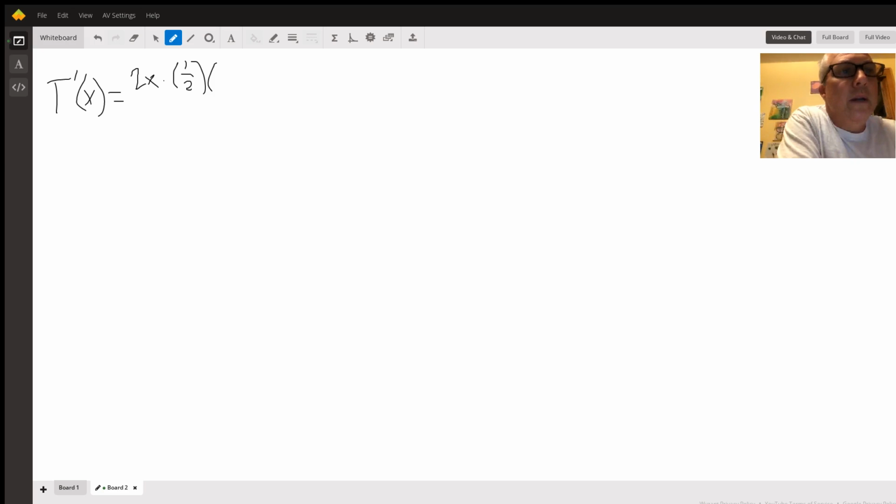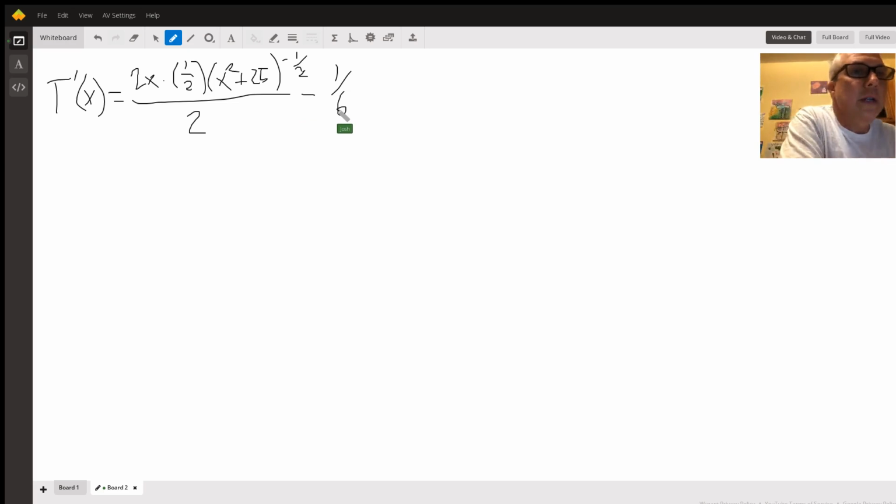And then we've got x squared plus 25 to the negative 1/2 power. That's all over 2 because it was all over 2 to begin with. And then minus 1/6, the plus 1 is going to go away because it's a constant term. And we're going to set that equal to 0.